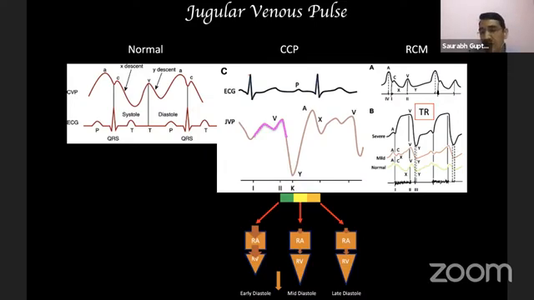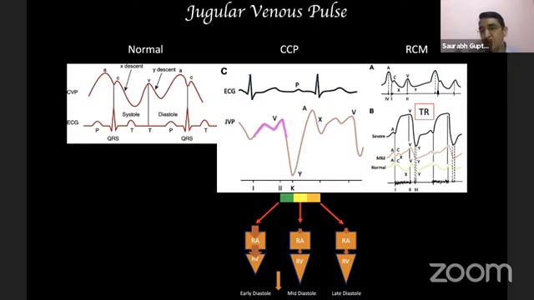On the other hand, in restrictive cardiomyopathy, during inspiration the RV inflow has to increase because there is negative intrathoracic pressure, but the RV myocardium is not allowing blood to flow in, and therefore there is also a positive Kussmaul sign.